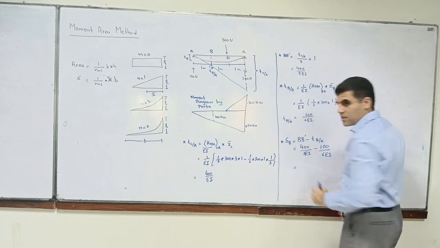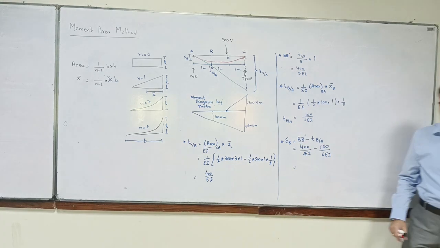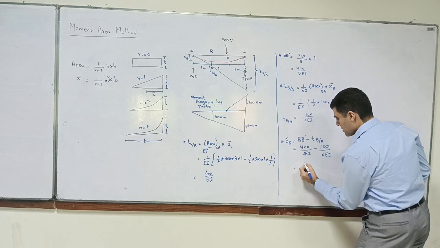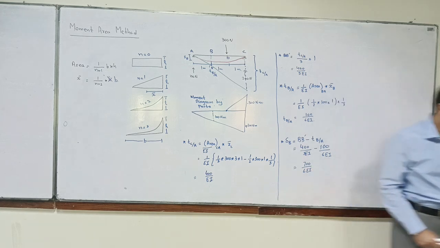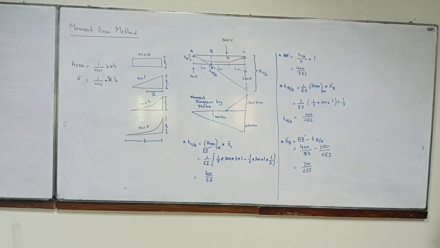And what does that work out to? 700 by 6.